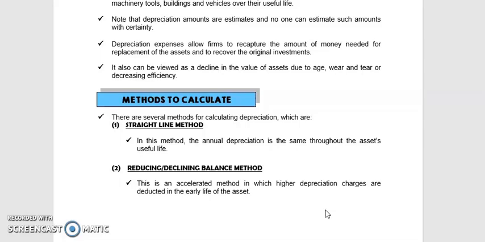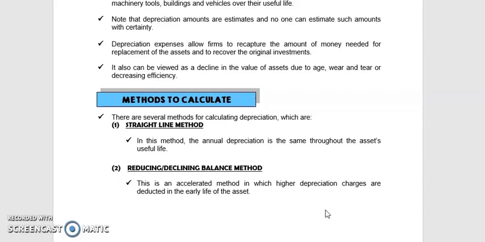For example, after you use it for 1 year, it depreciates by 1,000. So the value of the car in the second year will be 60,000 minus 1,000, which is 59,000. In the second year it depreciates another 1,000, because annual depreciation is the same. First year 1,000, second year 1,000, third year 1,000, and so forth, until the end of its useful life. That is under the straight line method.